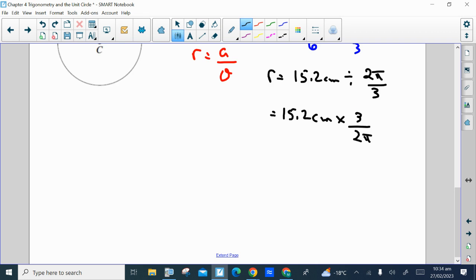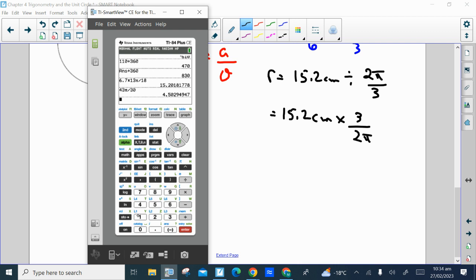And I mean, you don't have to do that step, because you could take your calculator and go 15.2 divided by, in brackets, 2 pi over 3. Do it that way and get the answer, or 15.2 times 3 divided by 2 pi.